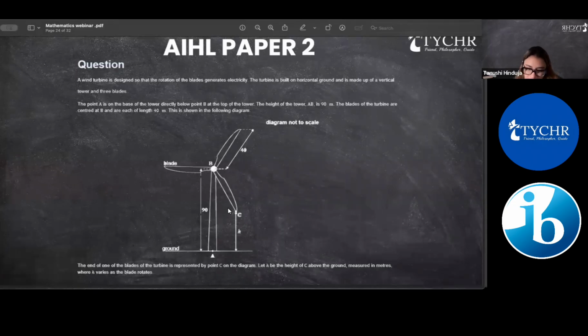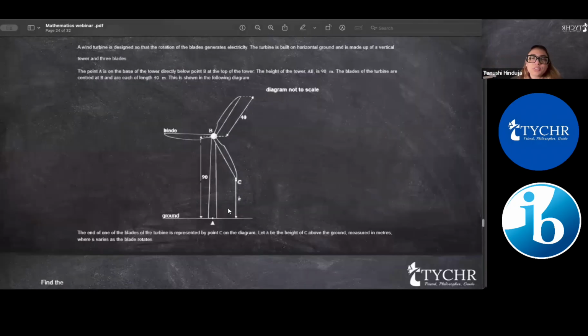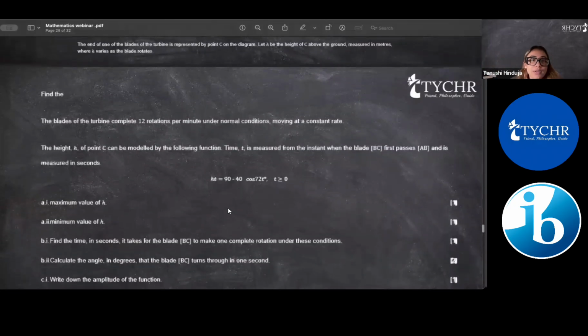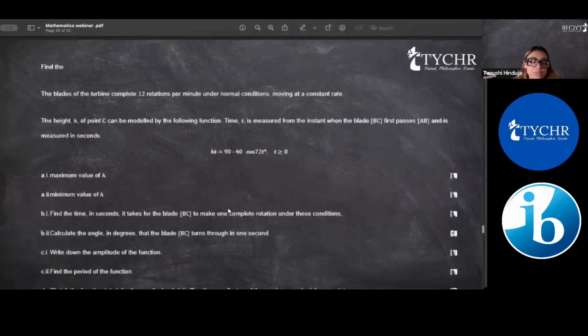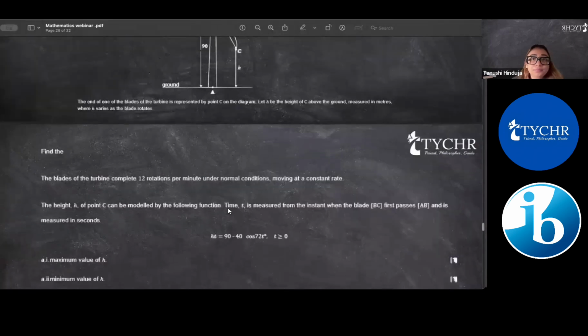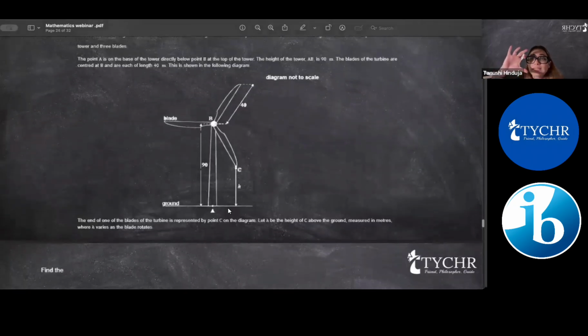Okay, so we've been given dimensions of the wind turbine. We're given that the point B is at 90 meters and the length of the blades is 40, and C is at H height above the ground. And the blades are rotating, of course. We have to find the maximum value of H and the minimum value of H. Okay, so maximum, that would be 90 plus 40.